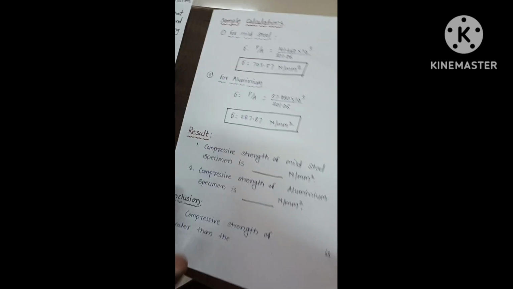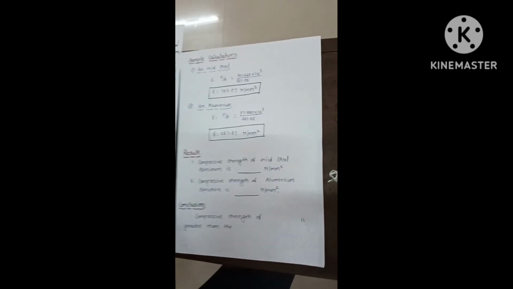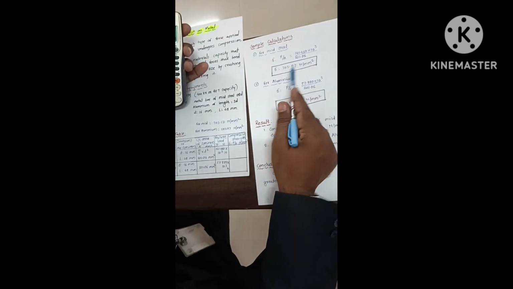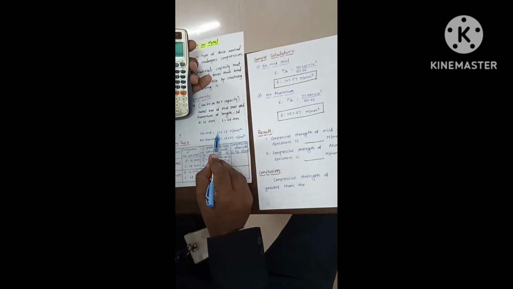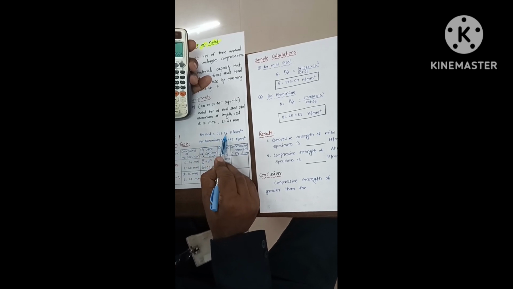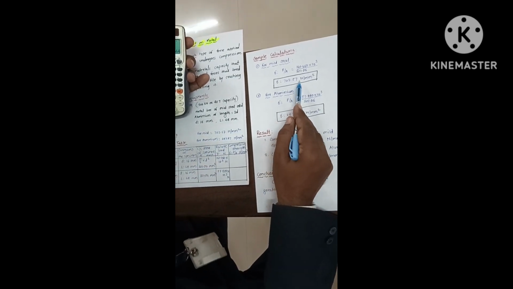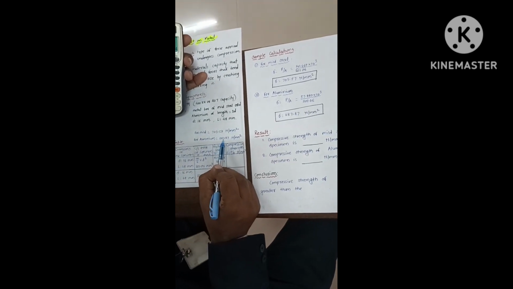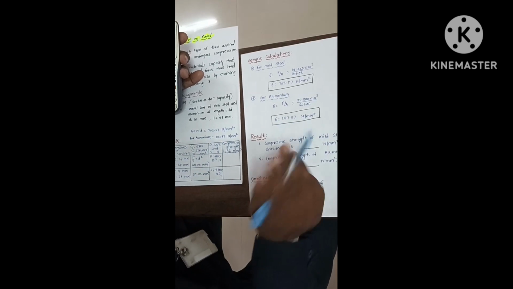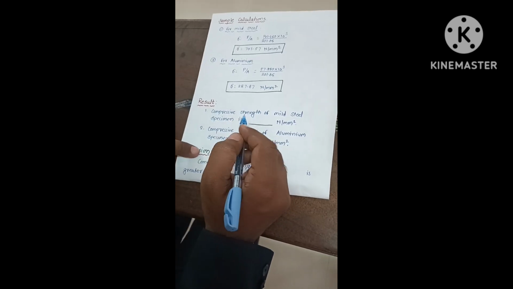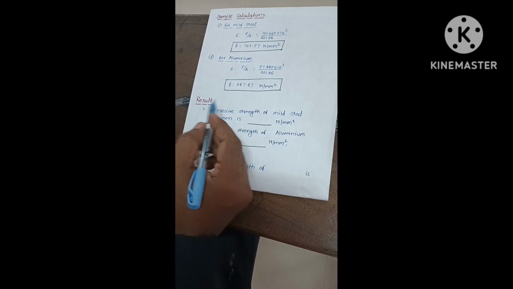Now see both values obtained from the UTM and by calculation. Both are the same. For mild steel 703.57 and for aluminium 287.87. From the above calculation, we got the final result.